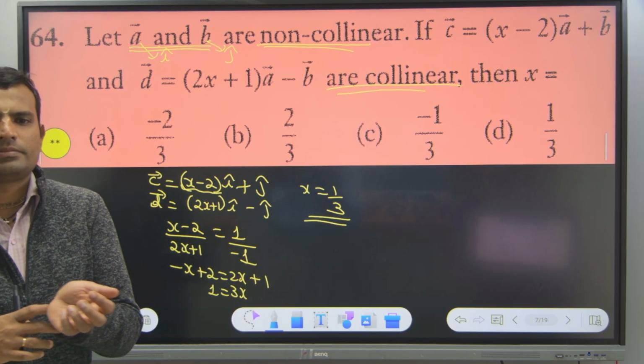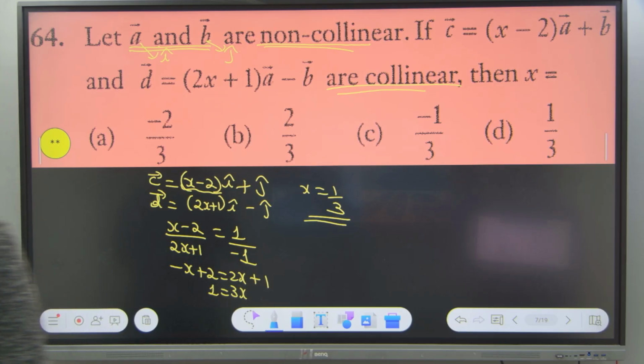Option D. Note down quickly. So what is the learning? Whenever they say vector A and vector B are non-collinear, what is the first substitution that you can make? Vector A as i cap and vector B as j cap. Okay.